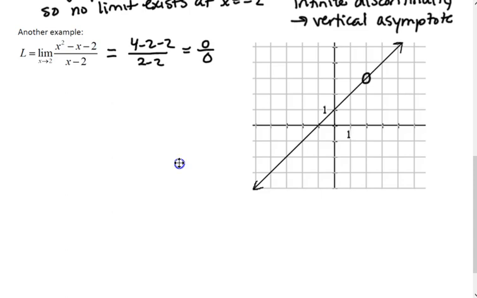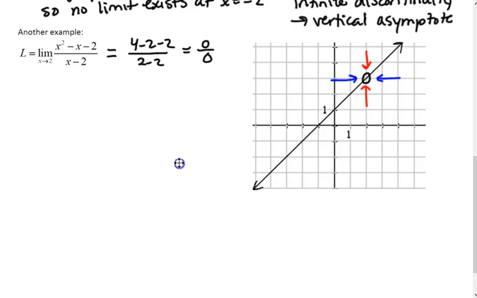This is different because as x gets closer and closer to 2, y is getting closer and closer to 3. The fact that it can't equal 3 doesn't matter for a limit. It just has to get close to it.